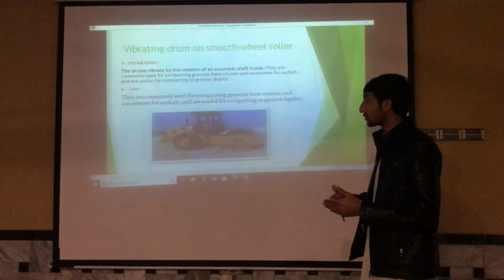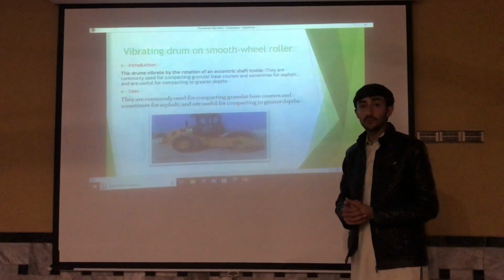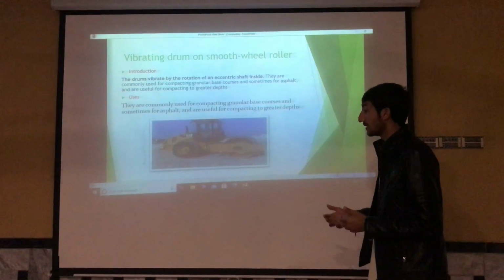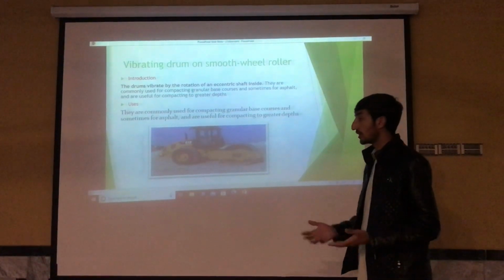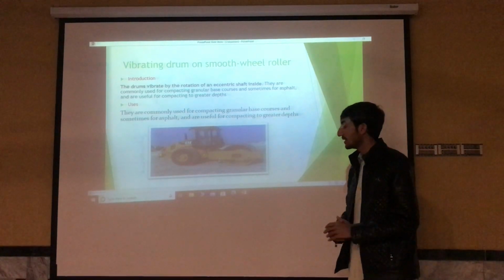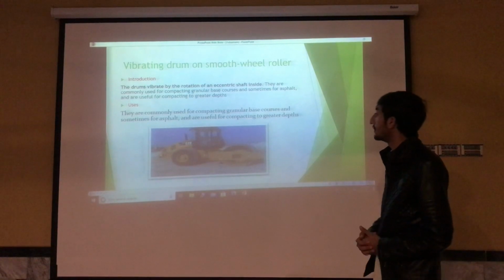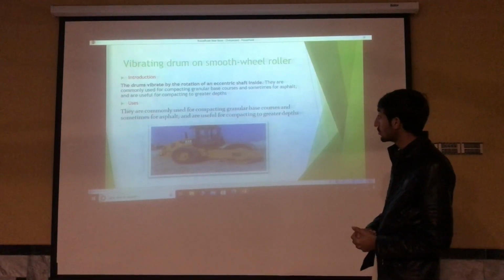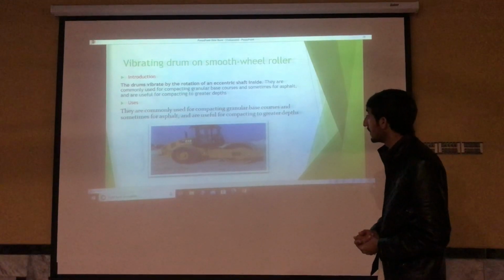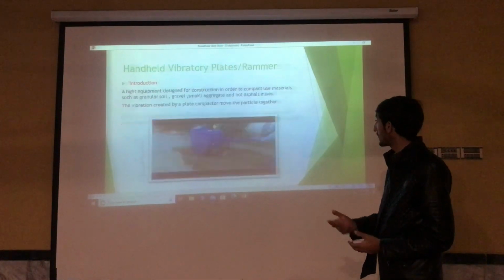So when the drum of this roller rotates, the ballast also collides with the surface, and it exerts vibrations on the soil surfaces, thus compacting the soil. It is usually used for compacting granular base courses, and sometimes asphalt, and is useful for compacting grit.